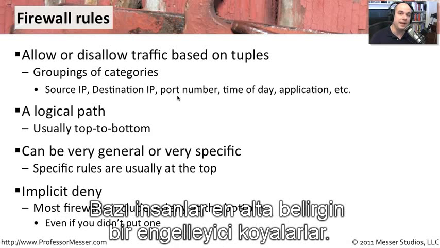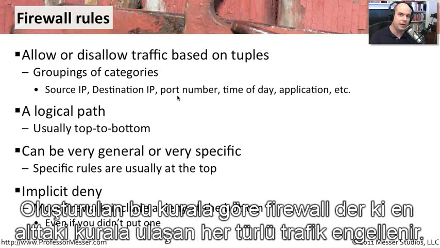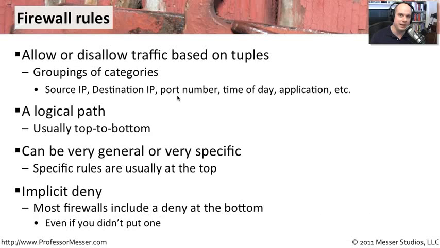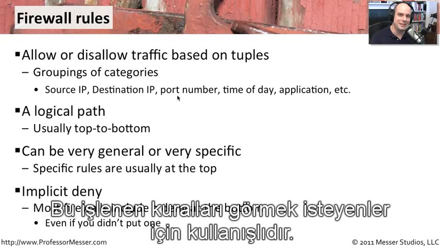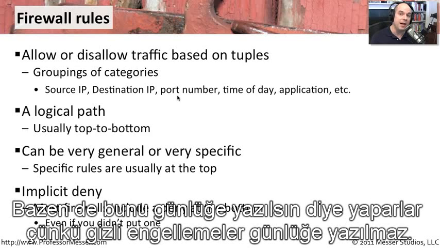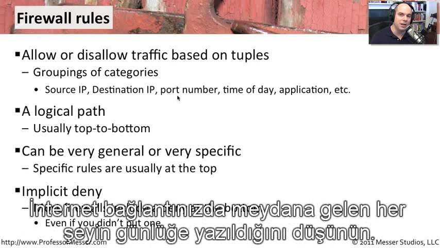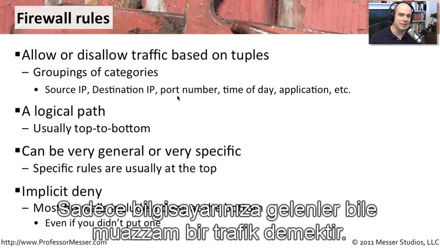Some people will put an explicit deny at the bottom. They'll create a rule at the bottom of their firewall that says, if it's any to any type traffic at the bottom, deny everything. Sometimes that's useful just so you can see it and know that that rule is being fired on. Sometimes they're doing it so that it gets logged, because usually implicit denies don't log traffic. You imagine logging everything that comes in from an internet connection that's not intended to come inside of your network.